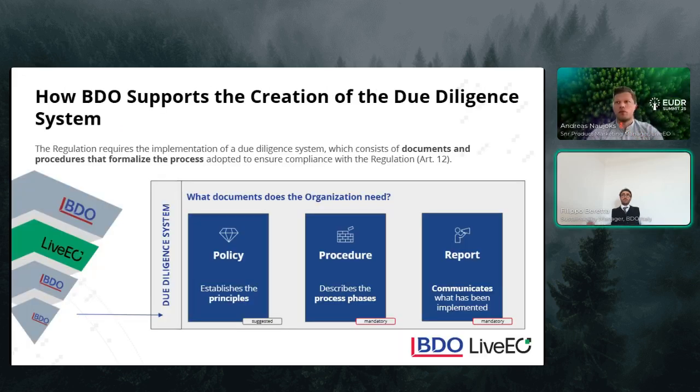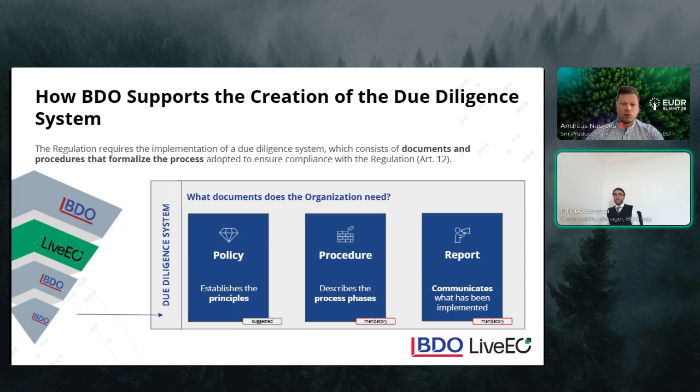Okay, so Article 12 of the regulation requires us to implement a due diligence system. By due diligence system, we mean all those documents, such as procedures and policies, that formalize the processes and the actions adopted by the company. As you can see in the due diligence system, 3 documents must be drawn up: a policy, a procedure, and a report. A policy in which we set out the principles by which the company operates and intends to operate with respect to deforestation.